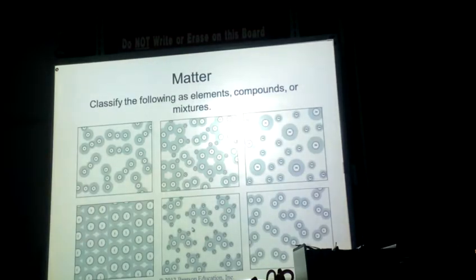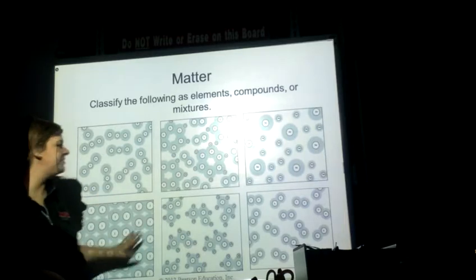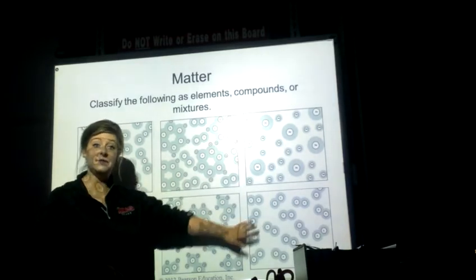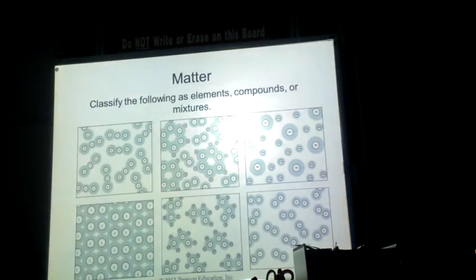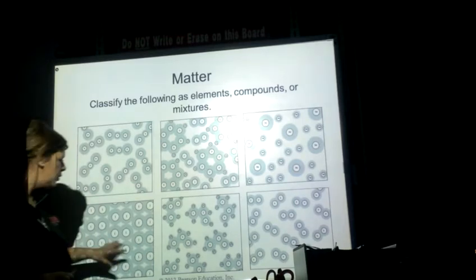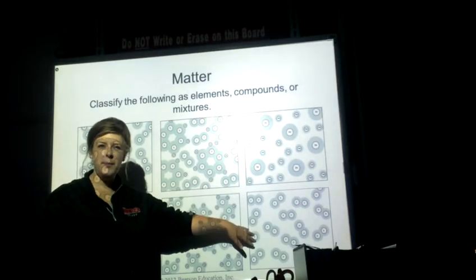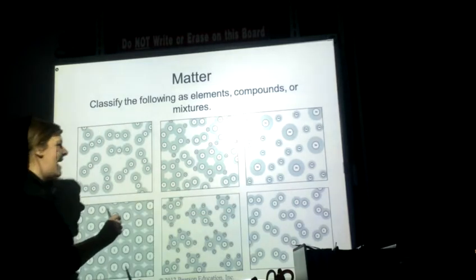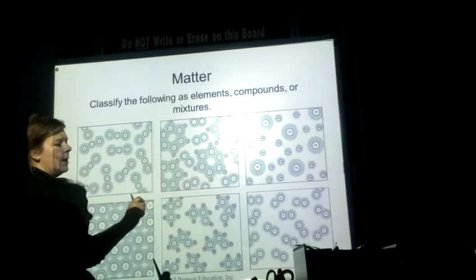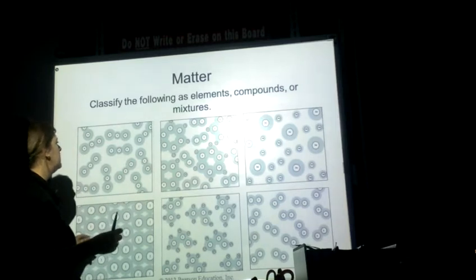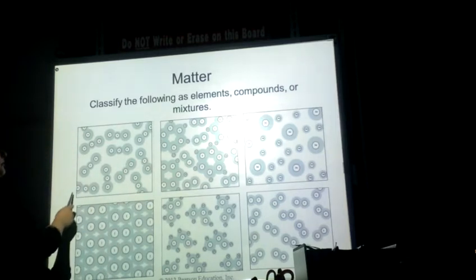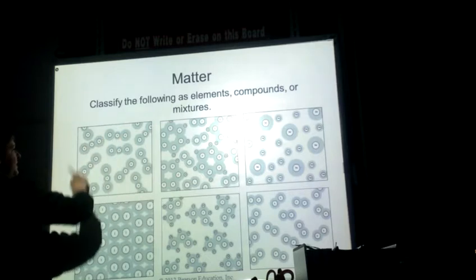Okay, so for Monday, I would like you to classify the following. So you have 6 of these different ones that you'll have to classify. I'd like you to classify the following as elements, or mixture, or a compound. If you have a hard time reading these on your paper or on the PowerPoint, let me know, and then I'll try to add a little description under on your blog, so that way we can identify each of them. But for example, let's just look at this one.